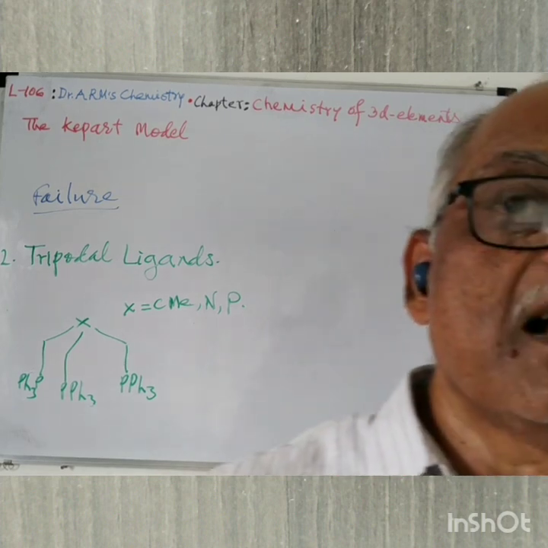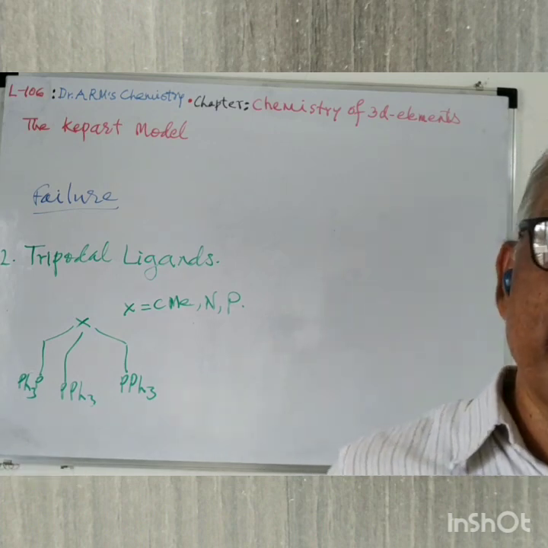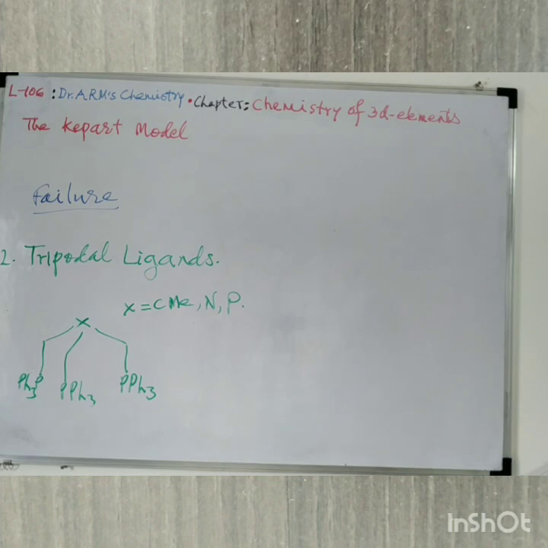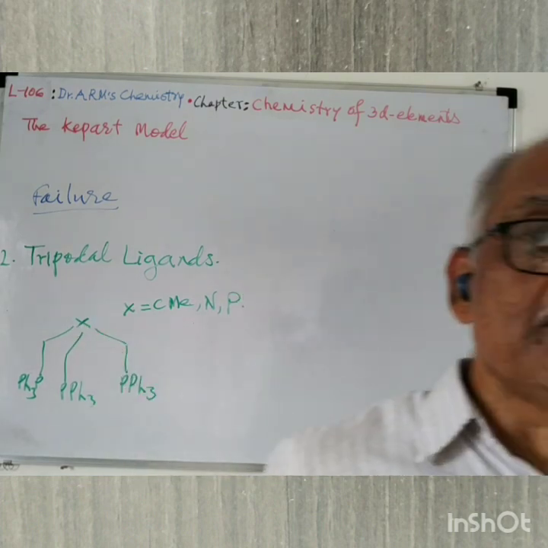In addition, there are other trivalent elements like nitrogen, phosphorus, etc. They can be used to obtain the tripodal ligand.